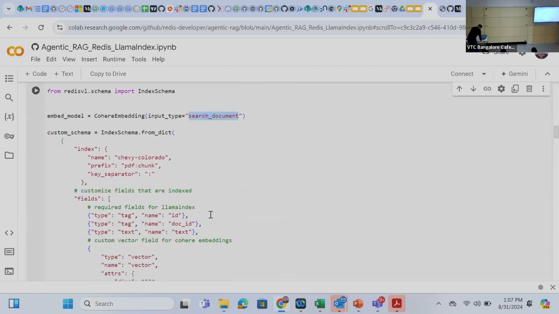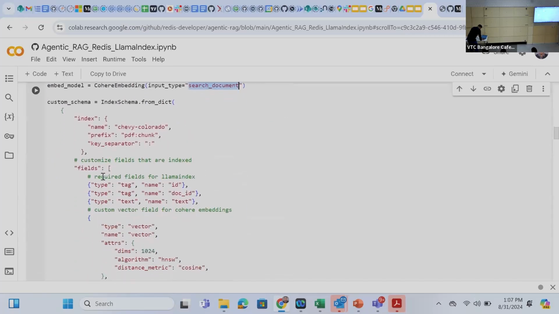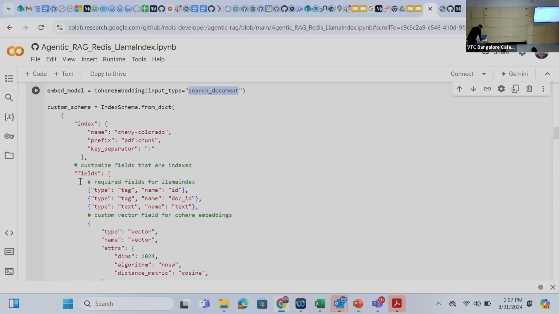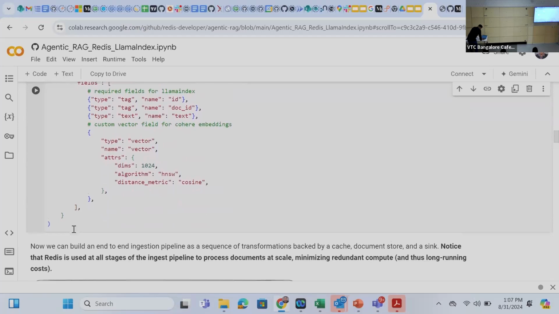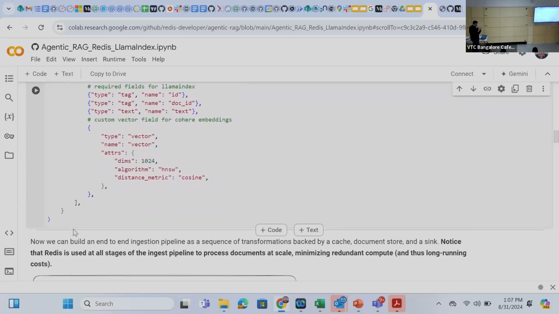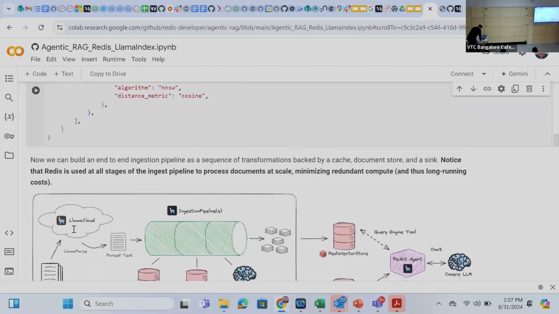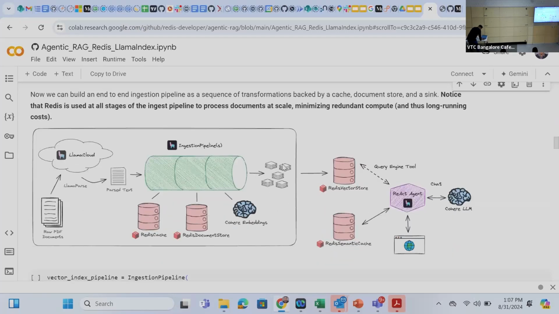On top of that, I'm even specifying the custom schema, the structure in which I want to have the response. So this is how I've given the LlamaIndex and the Redis vector store. And this is just a very brief look at the architecture, which I even showed you previously, where you have all these documents using LlamaParse.